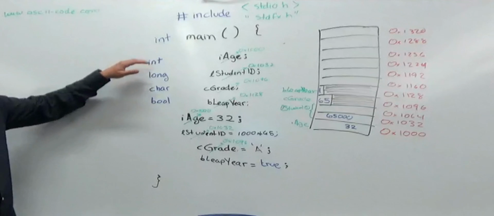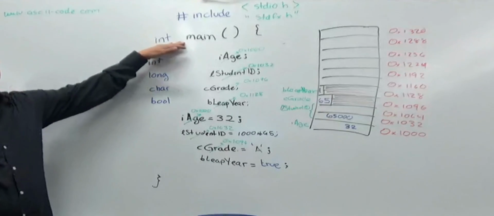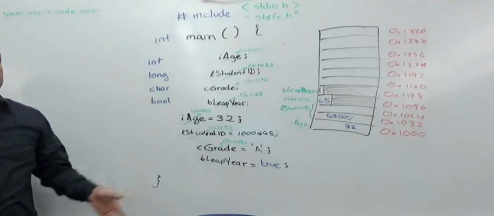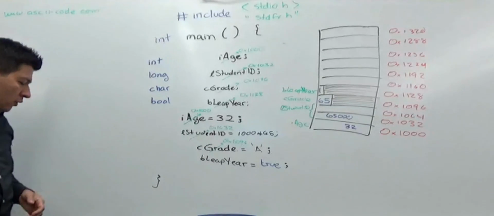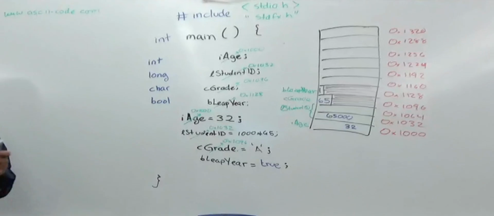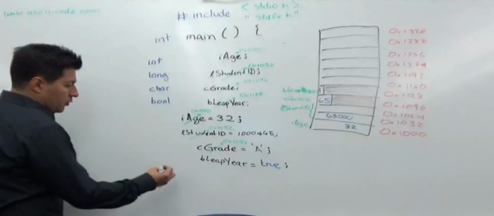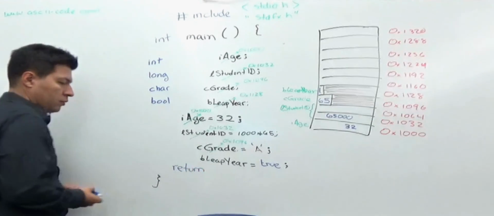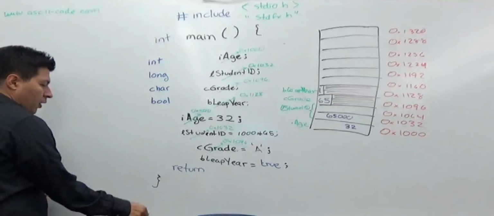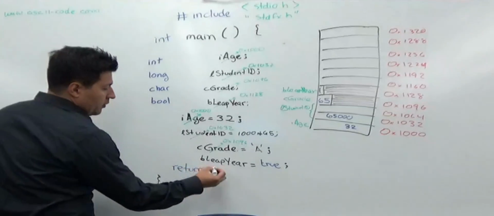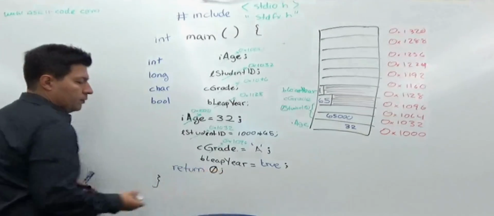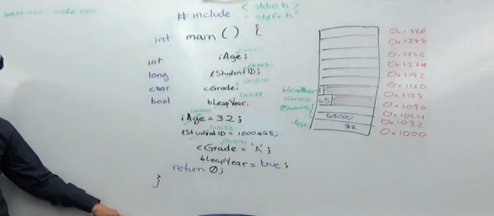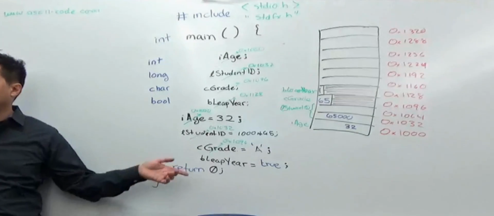So if this function returns an integer, at what point does it return that integer? For now, in the main function, we're just going to write the keyword return at the end, before the closing curly bracket, and we're going to say 0. So in our main, for now, we're just going to say return 0 at the end.